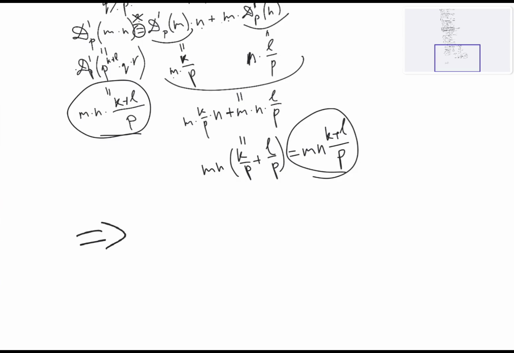So it follows that dp prime is the same as dp, is the same function.